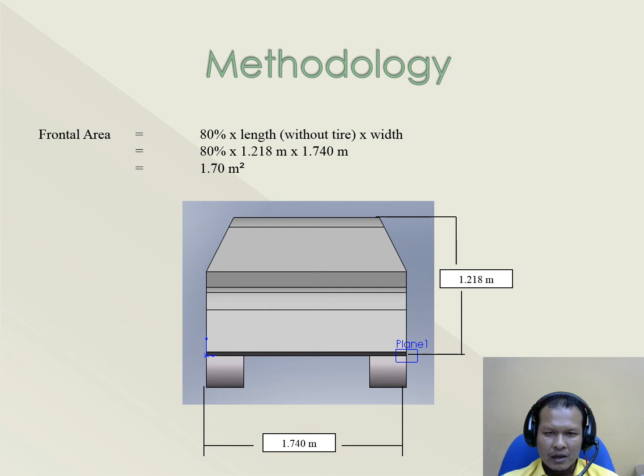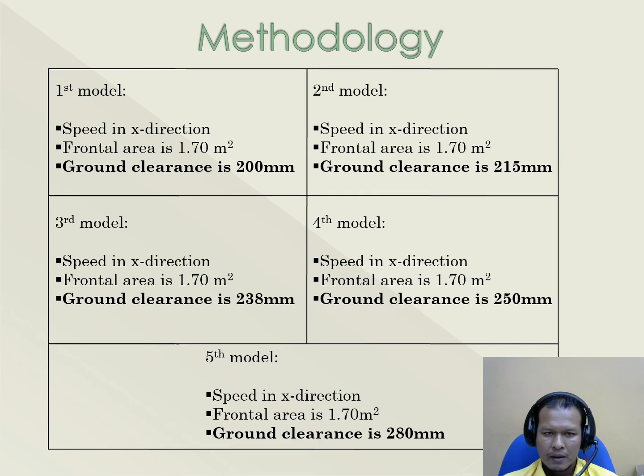The value of frontal area will be fixed for each model, and the calculation of the frontal area will not include the ground clearance because the ground clearance will be determined automatically in software Fluent. Then all the speeds are in x direction with the fixed frontal area value of 1.70 meter square and different ground clearance starting from 200 millimeter, then 215 millimeter.